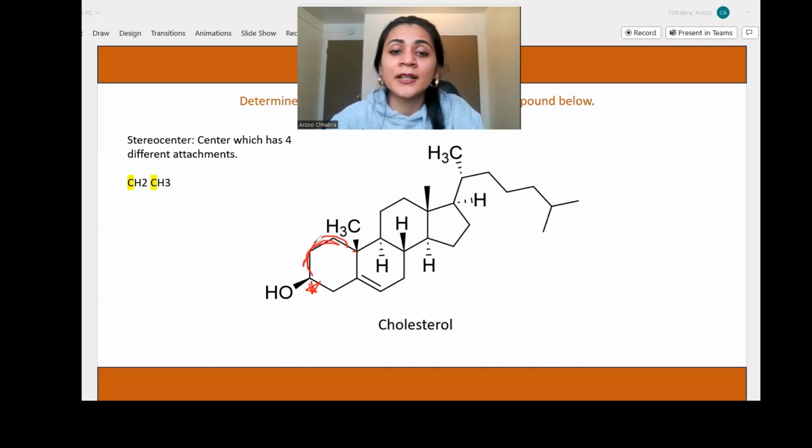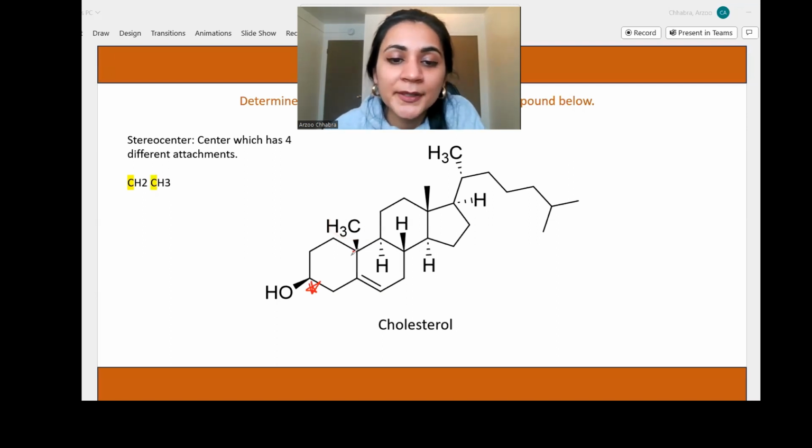It doesn't have anything like that on the right. So that would make these 2 attachments different, right? And then this is the 3rd attachment, this branched carbon, and then the CH3 is the 4th one. So that also has 4 different attachments, and that would make that carbon center a stereocenter, right? How about the next one right over here?